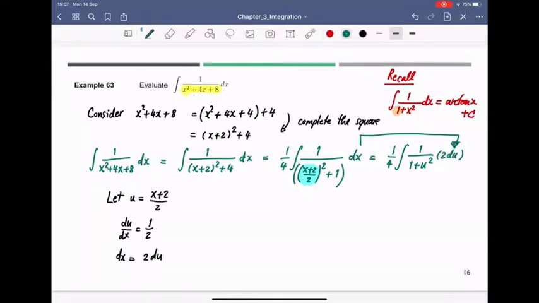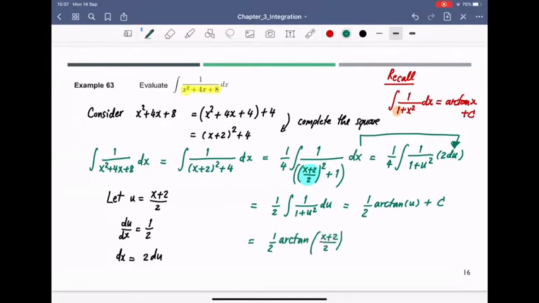This is nice because I can cancel 2 and 4, so I get 1/2 here. And then I have the integral of 1 over 1 plus u squared du. It matches the form I know how to integrate. So I have 1/2 times arctan u plus c. My answer is 1/2 times arctan of x plus 2 over 2, plus c.